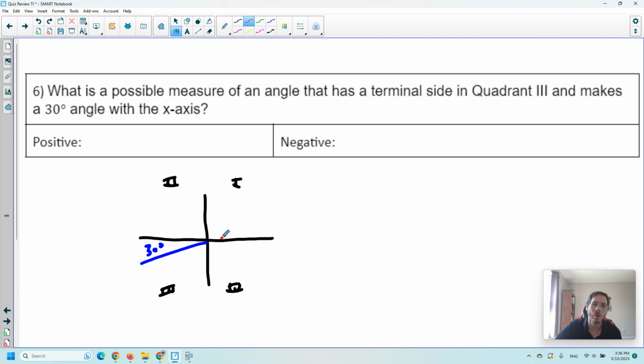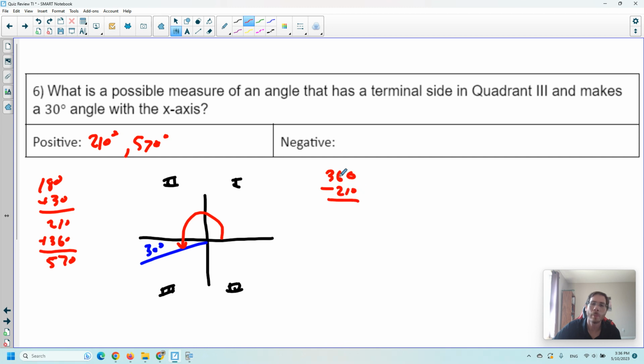So we have 30 degrees now this way. Again, this is kind of the same question for the positive angle. We would go this way. That's going to be 210 degrees because we'll get 180 plus 30 for 210. If I want, I could add 360 to get 570 degrees also. If I want, I could also just subtract. I could do 360 minus 210 to get 150.